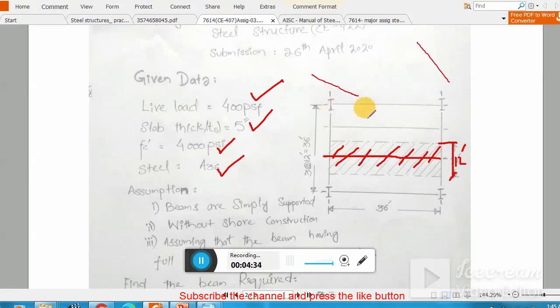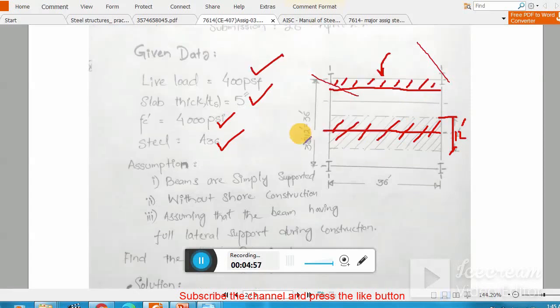If we are going to design this exterior beam, the tributary area will be half of the tributary area of the interior beam. So there must be no confusion while you are designing the exterior beam. Remember, there is half loading on that beam. Clear?